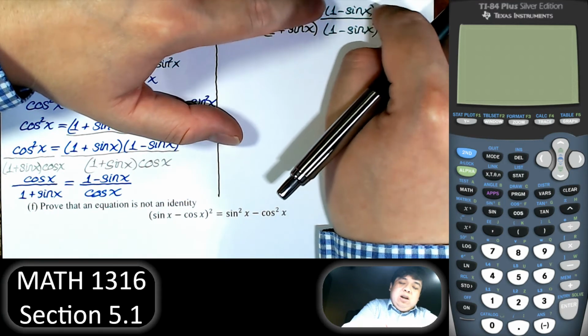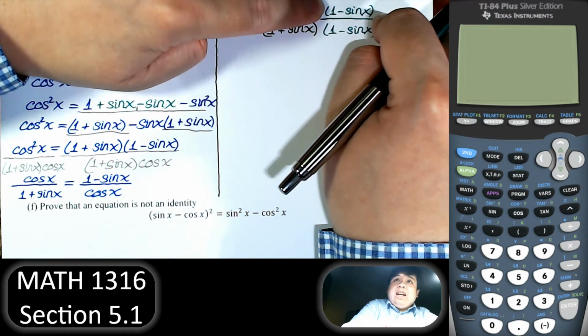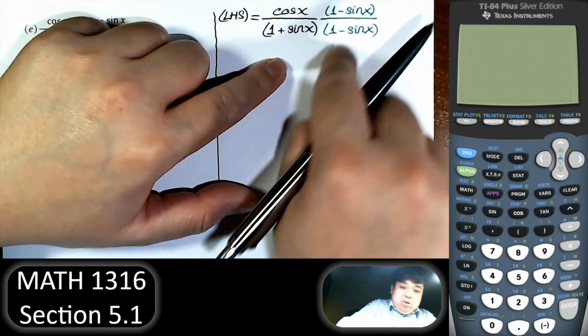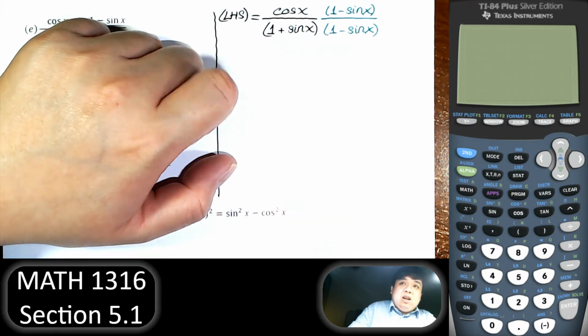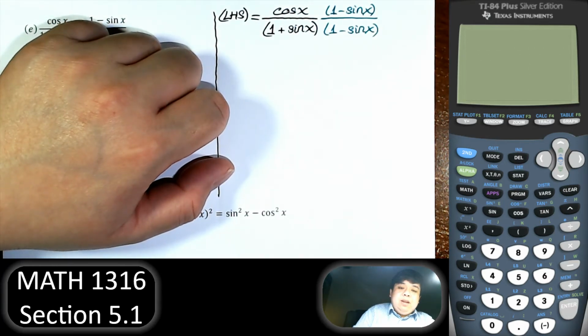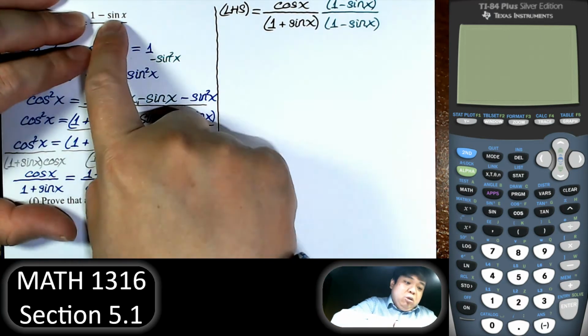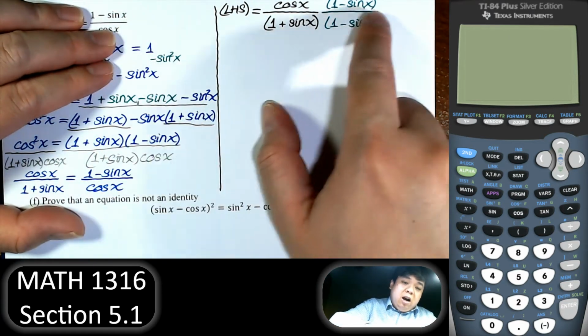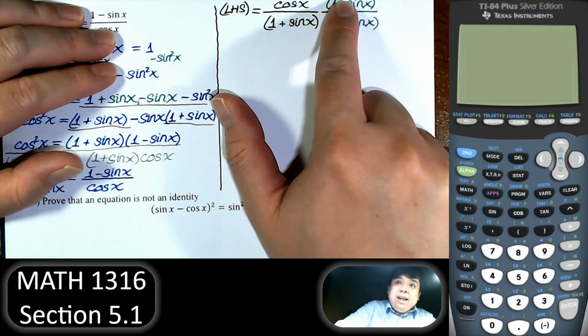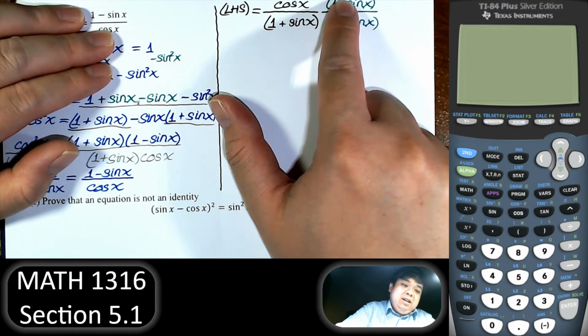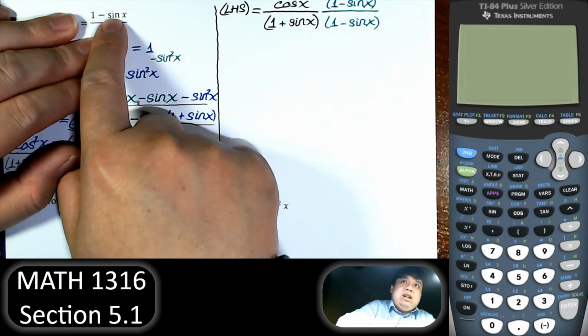Try to get the 1 minus sine x on the top. We try to keep it and try to get rid of the 1 minus sine at the bottom. So, once again, I multiply 1 minus sine on the top with hope that I can keep that term at the end. So the answer will look like this.